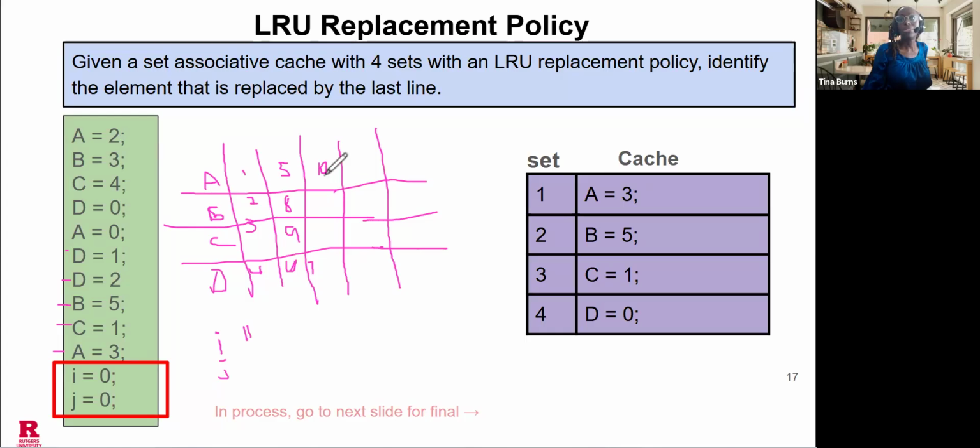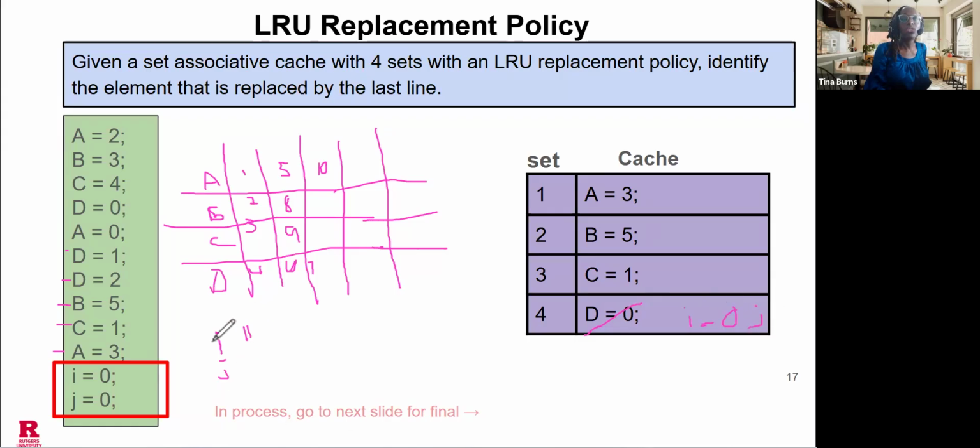It's not A. A has the largest number, which means the one I just accessed recently. It's also not these. These have pretty large numbers. If I'm looking at the last item here, D appears to be the one with the smallest number, or the one that was least recently used. So I'm going to go ahead and boot out D and make this equal to I is equal to 0.